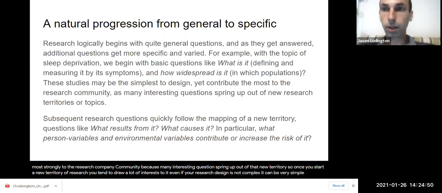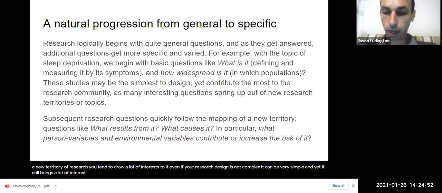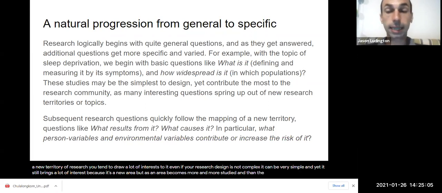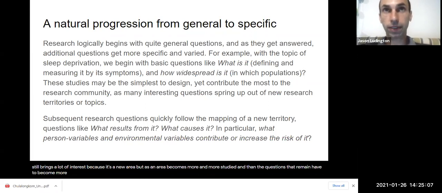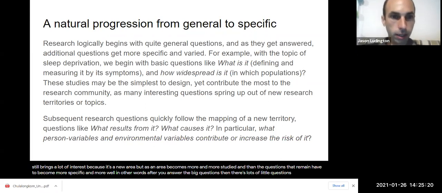It can be very simple, and yet it still brings a lot of interest because it's a new area. But as an area becomes more and more studied, the questions that remain have to become more specific. In other words, after you answer the big questions, then there are lots of little questions that remain.